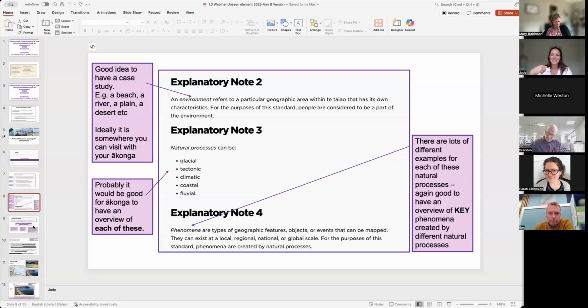So we are suggesting your students have an overview of the key phenomena created by natural processes, and key phenomena that we would say are foundational geography and suitable for level 1 students. And Mary is going to go over what we consider to be suitable phenomena a little bit later in the slideshow.